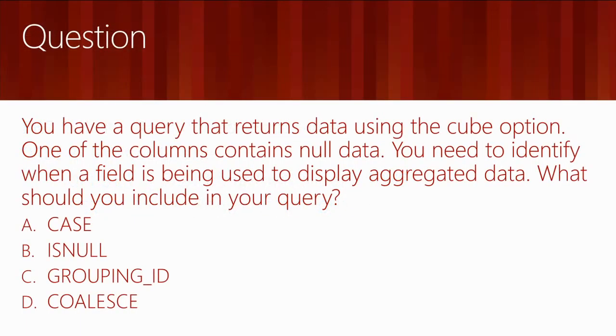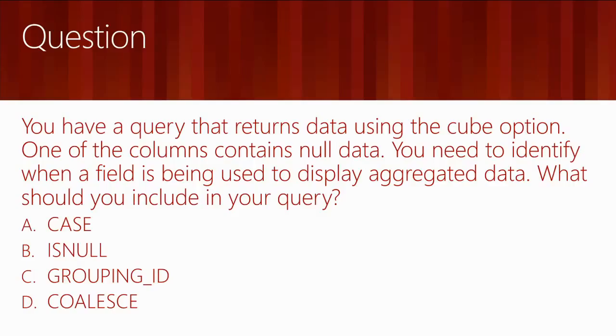Okay, you have a query that returns data using the CUBE option. One of the columns contains null data. You need to identify when a field is being used to display aggregated data. What should you include inside of your query? Real quick, as you're looking through the answers and figuring out the potential response, I want to highlight the pattern of this question.